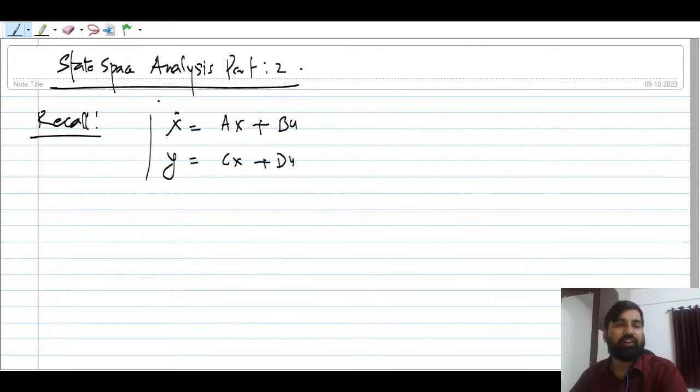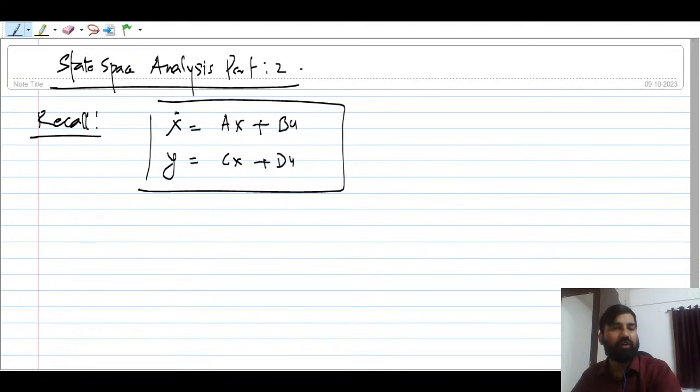There are four matrices which play an important role. A matrix is called the state matrix, sometimes the state transition matrix. B is the input matrix, C is the output matrix, and D. And there are four different representations. One is CCF.